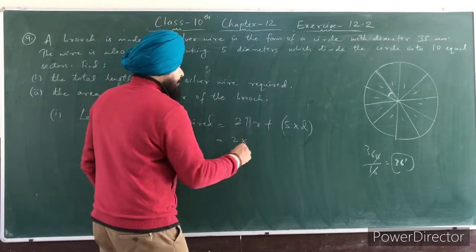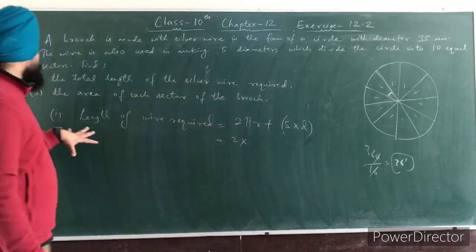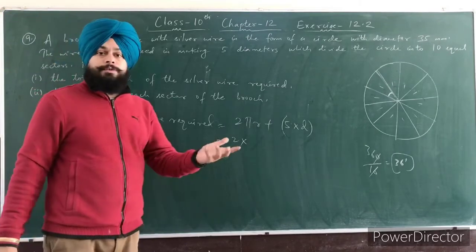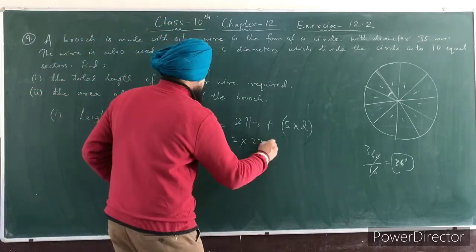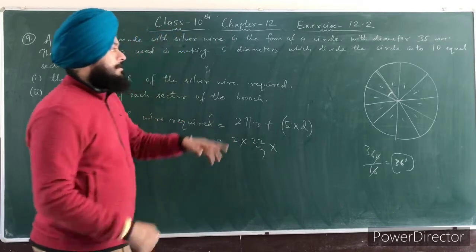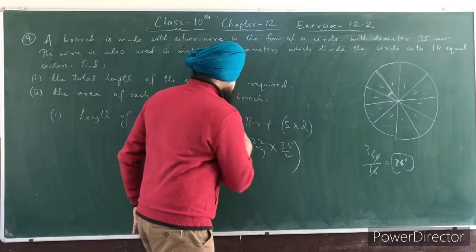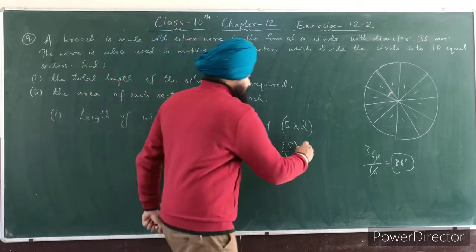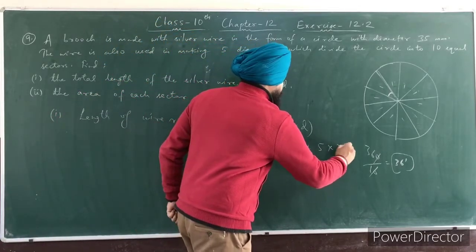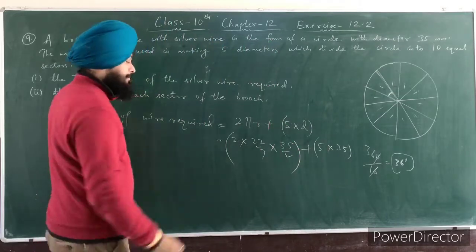So what is pi? Pi is given here. No, pi is not given there, so we will use 22/7. And the radius of the circle is 35/2 because the diameter is 35. So 2 pi r is 2 into 22/7 into 35/2, plus 5 into d. D is 35 millimeter.